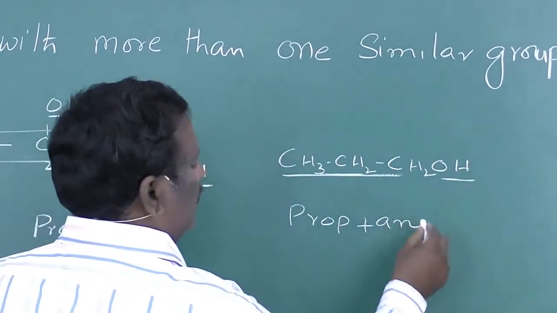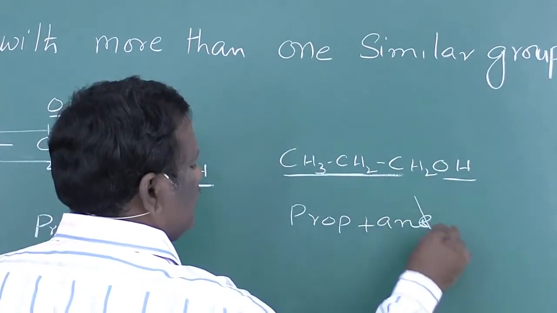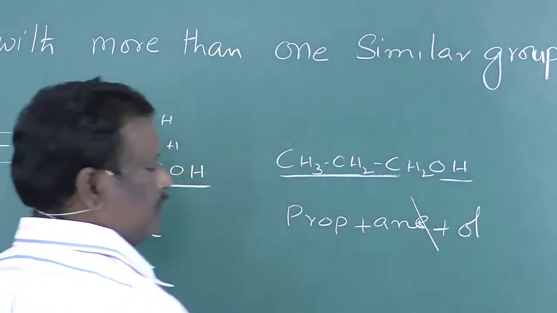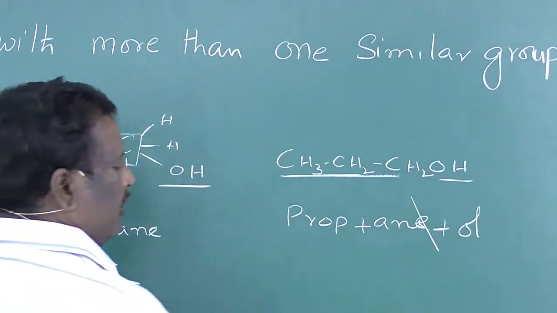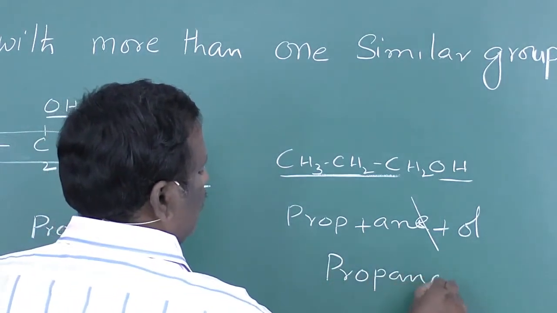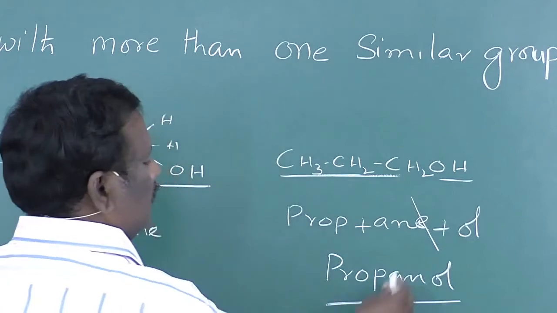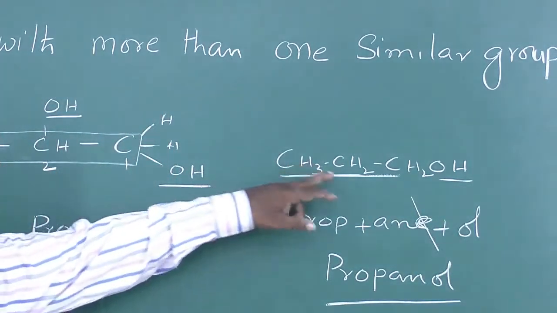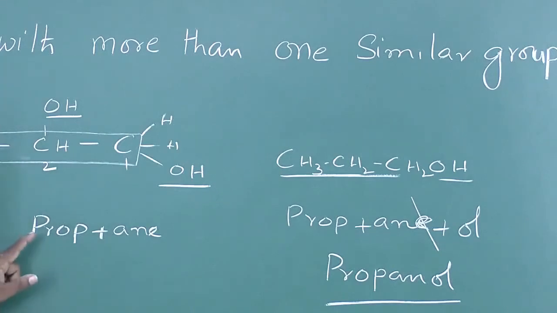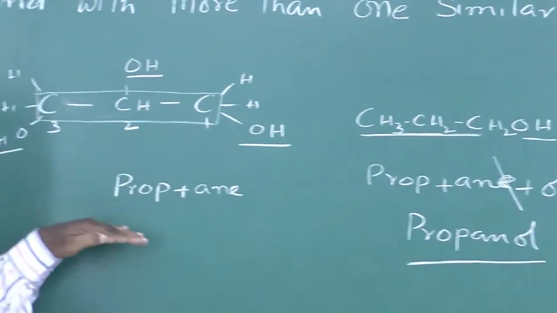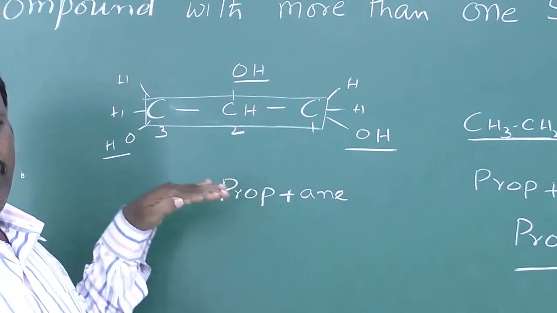Since it is an alcohol, by replacing this E, you will add OL. So, you name this compound as propanol. So, here we will name alcohols like that. But here there is a slight difference while naming a compound with similar functional groups.